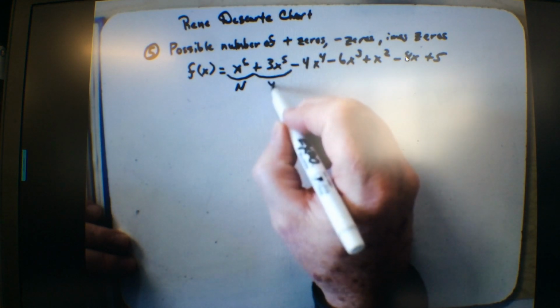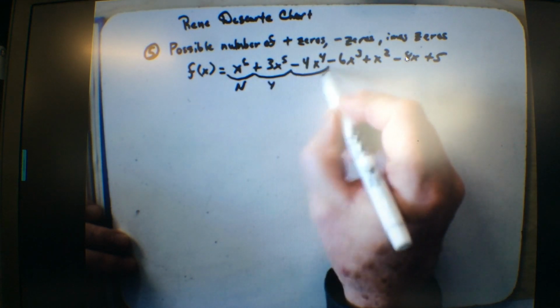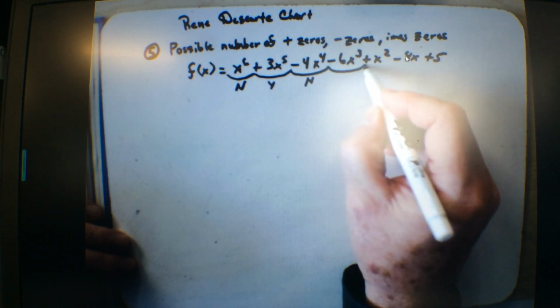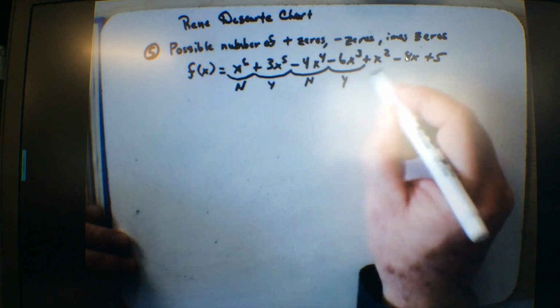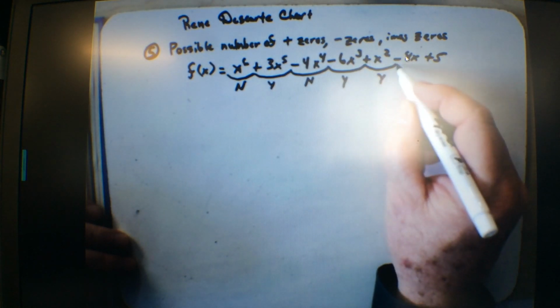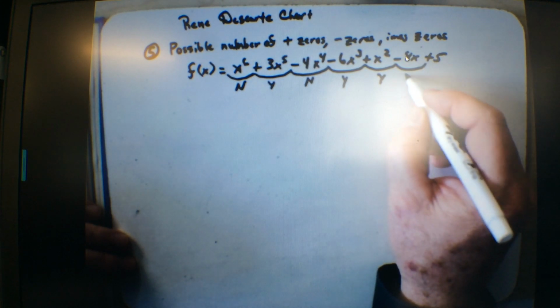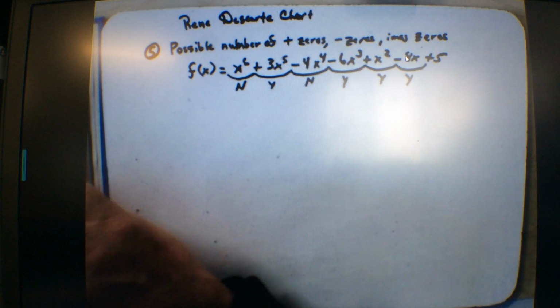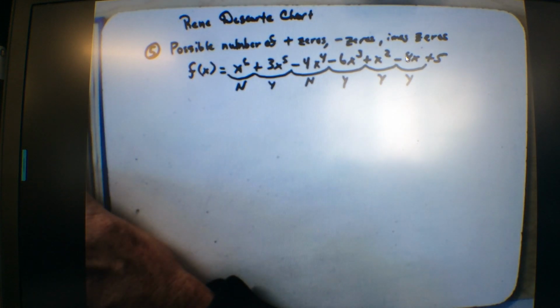Yes. Is this a sign change? No. Negative to negative. Is this a sign change? Yes. Is this a sign change? Yes. And is this a sign change? Yes. Bo, do you understand what I mean? Yeah.